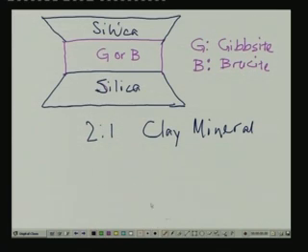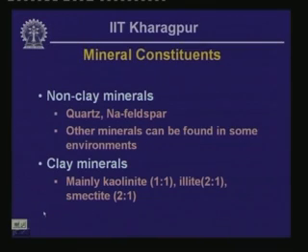Now these basic units are going to be interlinked to other grains by covalent or other types of bonding, which we will examine in detail when we talk of clay minerals later on in one of the future presentations of this course.